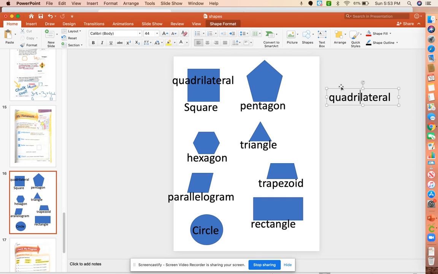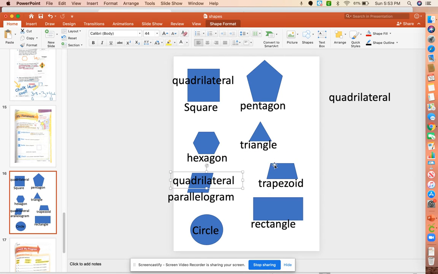So let's check this out on our next one. What about with the triangle? It only has 3 sides, so it can't be a quadrilateral. Hexagon has 6 sides, so it can't be a quadrilateral. The parallelogram, 1, 2, 3, 4. So that could be a quadrilateral.